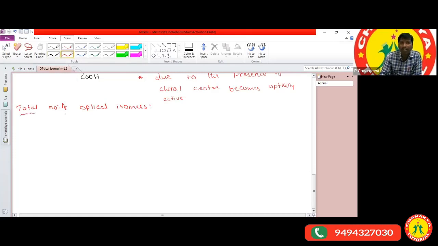We have some formulas, sir. Based on those formulas, we can calculate the total number of stereoisomers directly. So which one can we calculate here? The total number of stereoisomers we can calculate, sir.